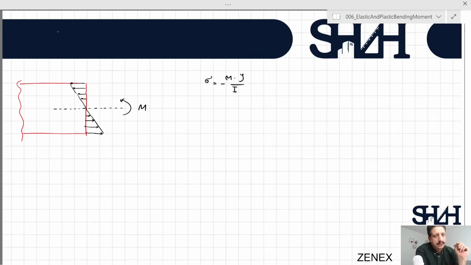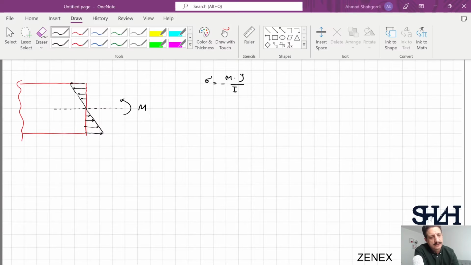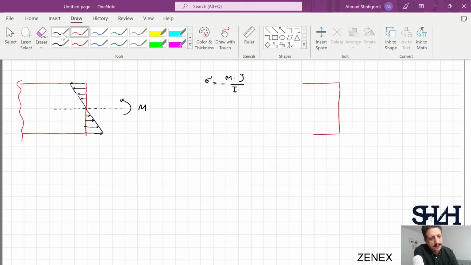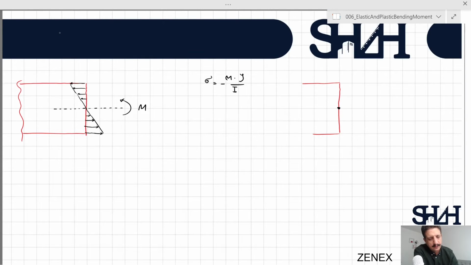In the Euler-Bernoulli hypothesis for beams, we know that plane sections remain plane. It means that after deformation about its neutral axis, the section will remain plane.